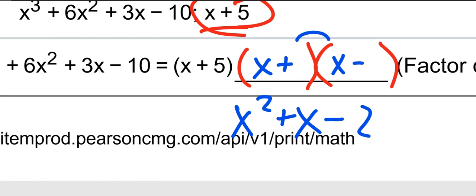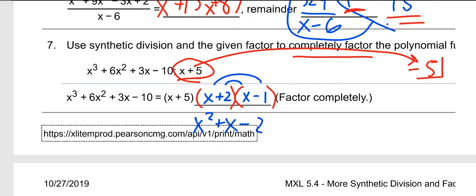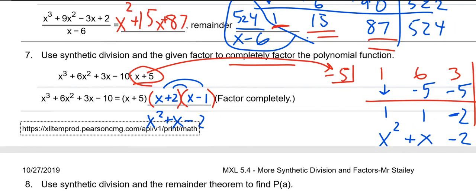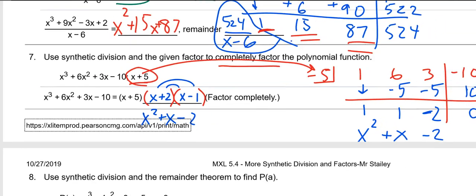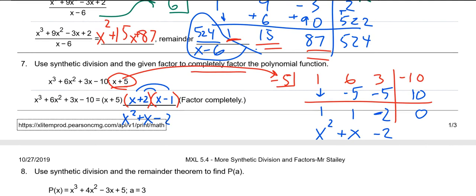But when you do the insides and the outsides, you end up with a positive 1x. So must be those values right there. Well, there it is. We factored it. So we use the synthetic division to get it from a cubic to a quadratic so that we could factor it the rest of the way.